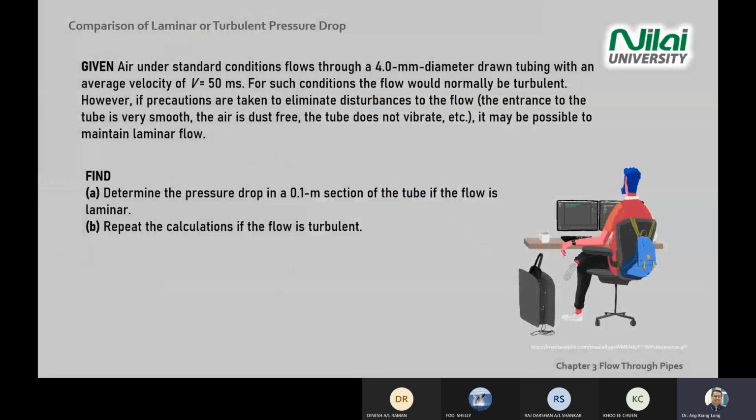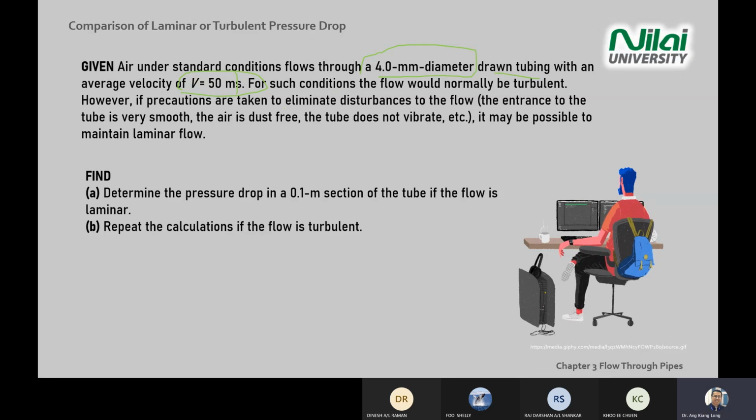Let's look at one example and we'll solve it quickly. The statement: you have a 4 mm diameter tubing with a velocity of 50 meters per second.